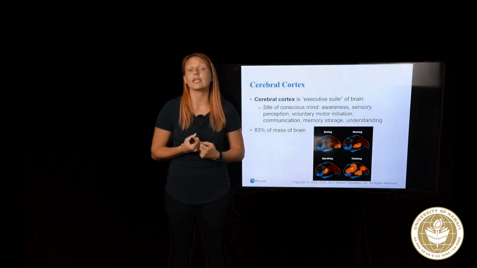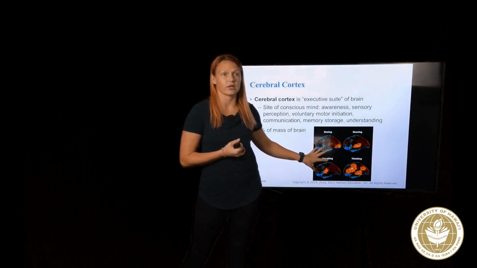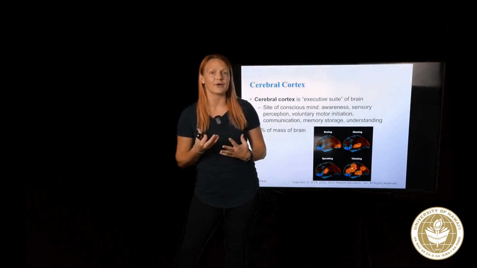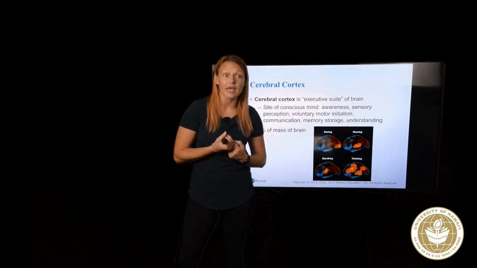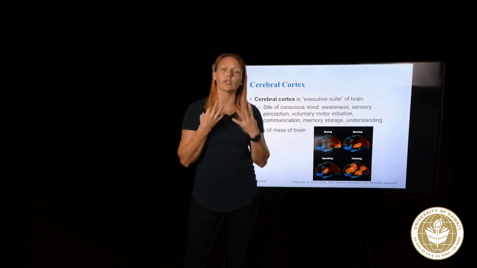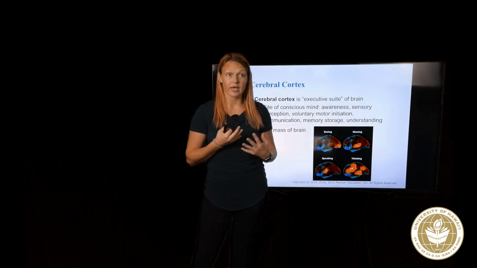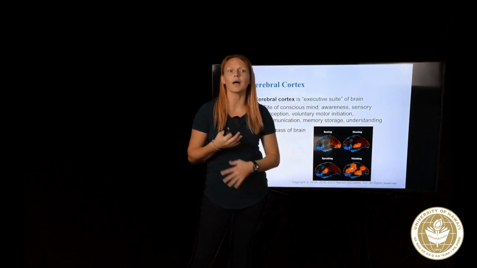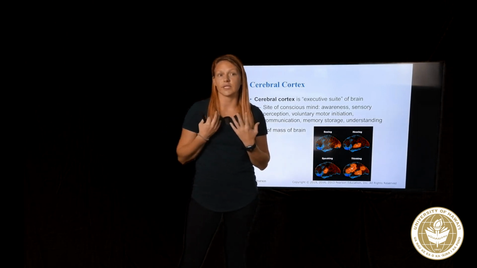It makes up about 83% of our brain, and I just wanted to include this picture here because it was in your book. If you didn't know, scientists are able to use MRIs, magnetic resonance imaging, to scan where the blood flow is in your brain when you're doing different things. So they can scan someone's brain, that's what this is from, and you can see what their brain looks like when they're doing different functions.